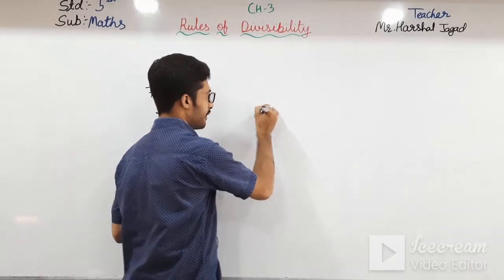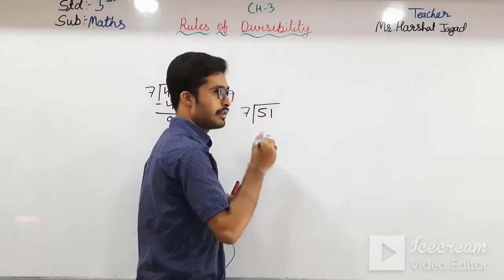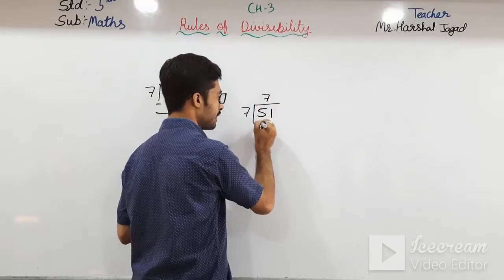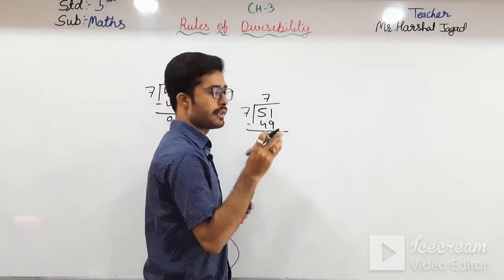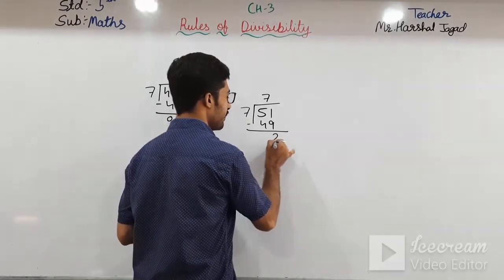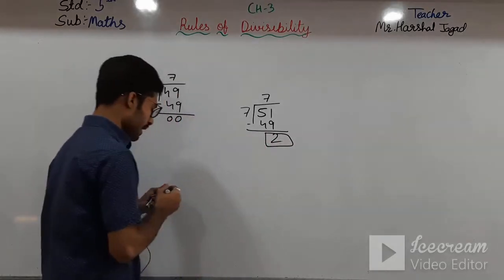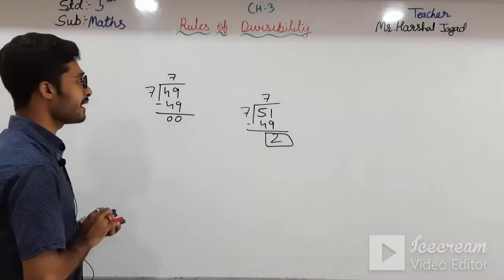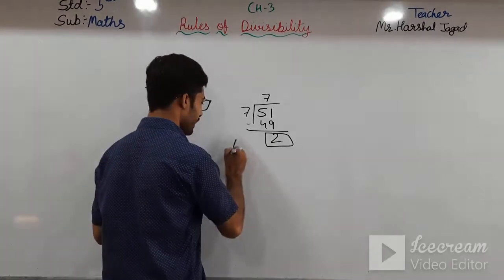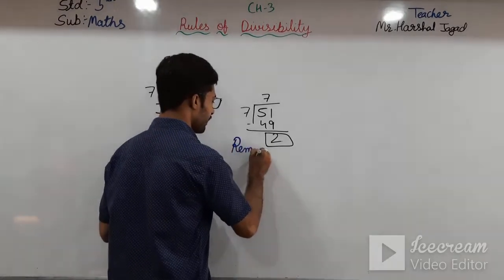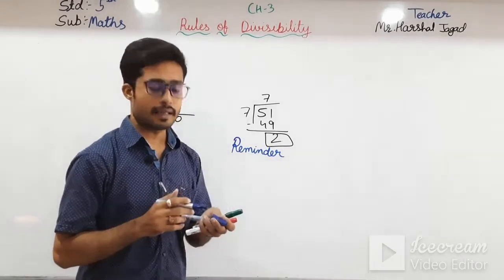If I say 51 divided by 7, 7 sevens are 49, and remains 49, 50, 51, so remains 2. That is the remainder, students. This is known as the remainder, that you have studied in the previous classes.